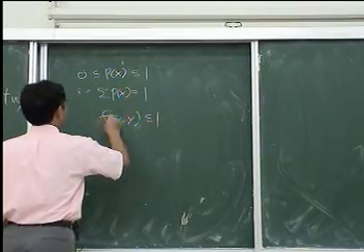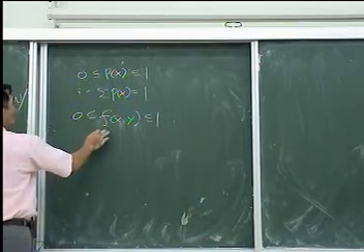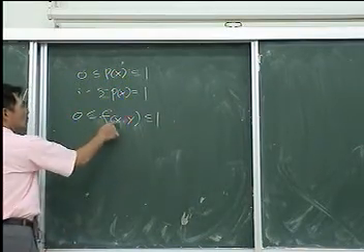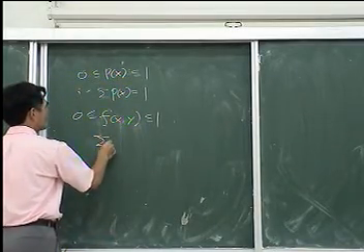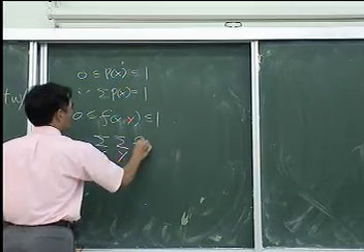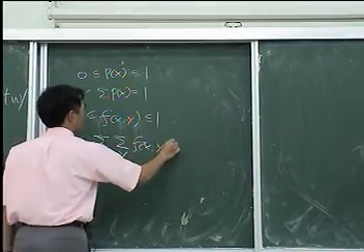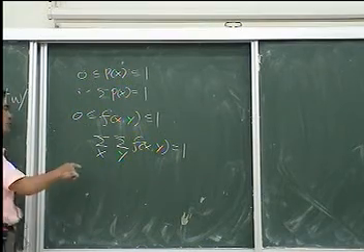The same thing, it has to be between 0 and 1. But now, as you know, we have two variables, so it will be the summation over x and y of f(x, y) equal to 1. Okay? Because we have two variables.